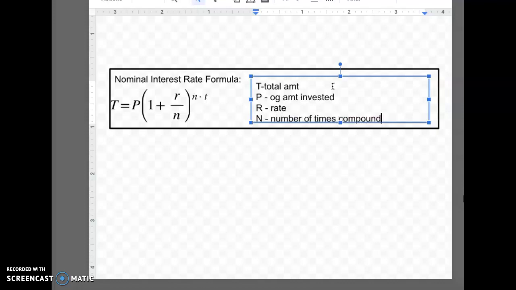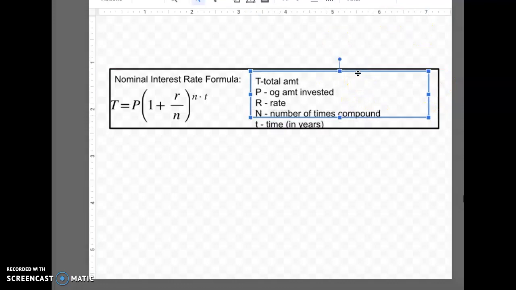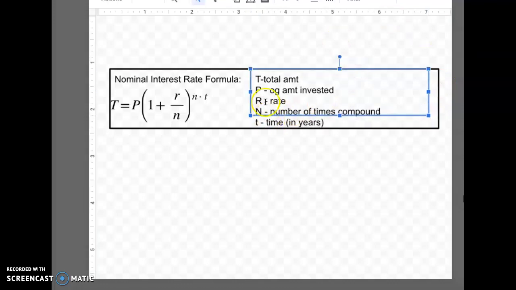So if you're compounding quarterly, or once every quarter, that is going to be a 4 for 4 times a year. And then little t is going to be the time in years that something is invested. So if I leave it in there for 5 years, your time is going to be 5. If it's in there for 1 year, it's going to be a 1.